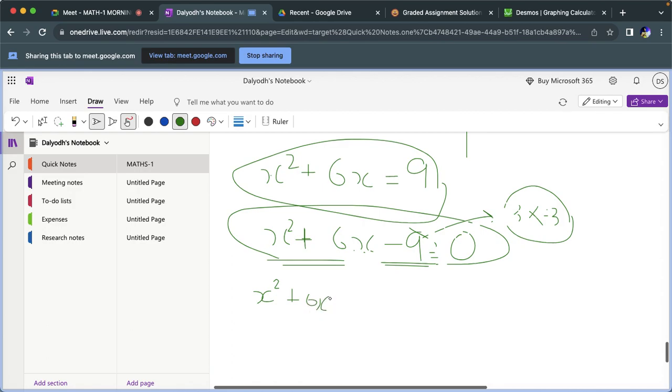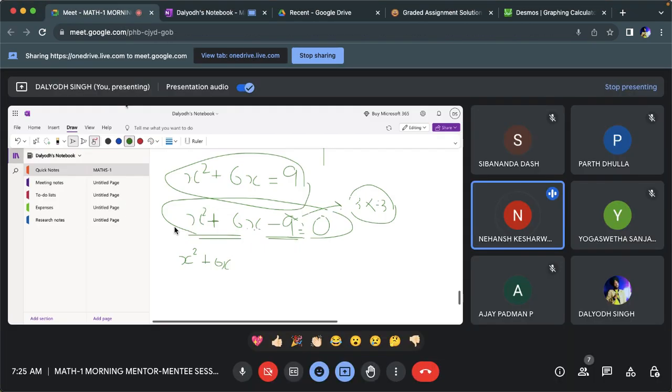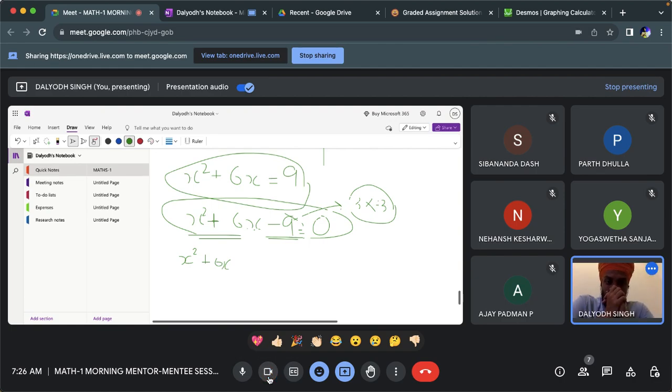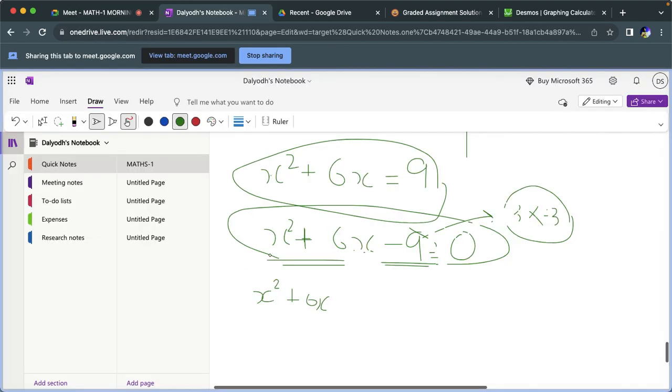What can you do further? Just break your mind and think.